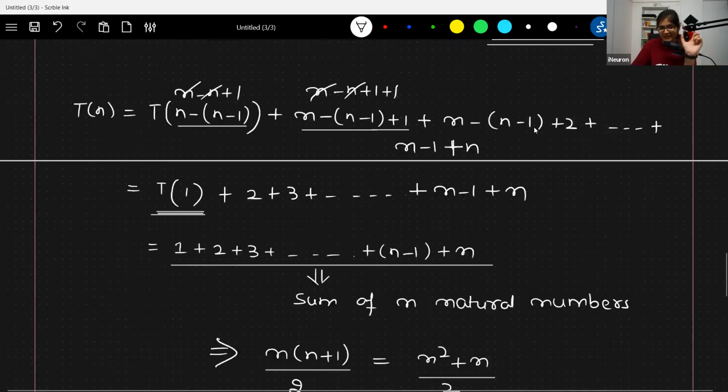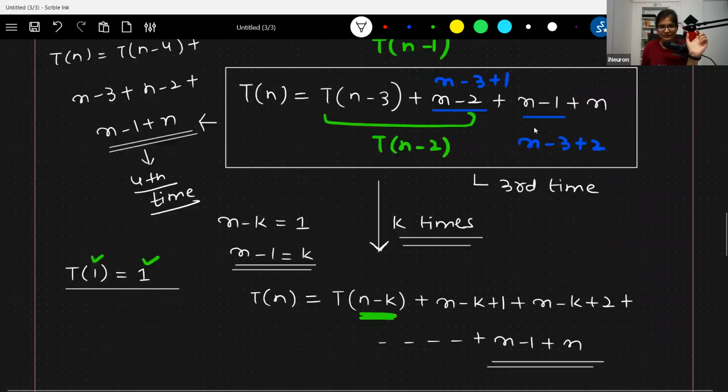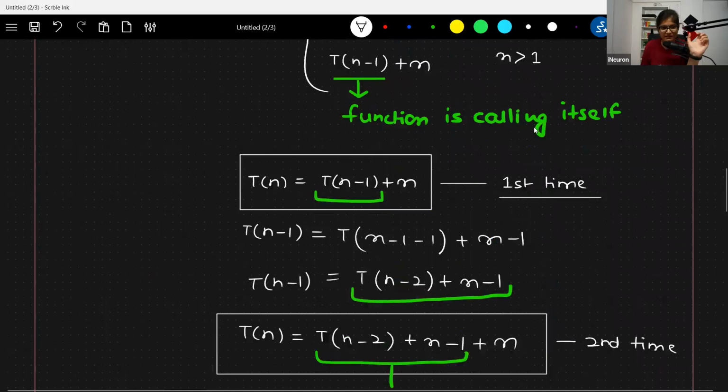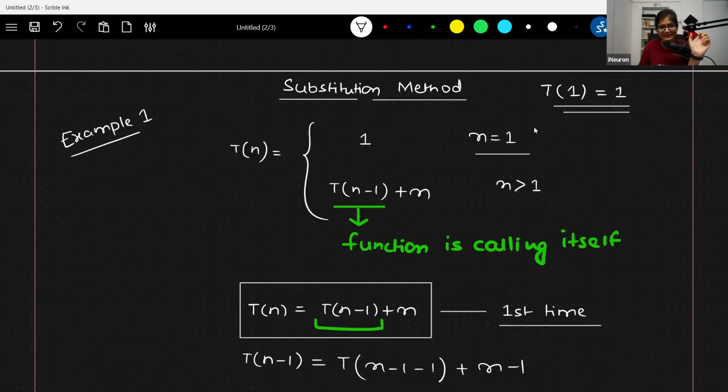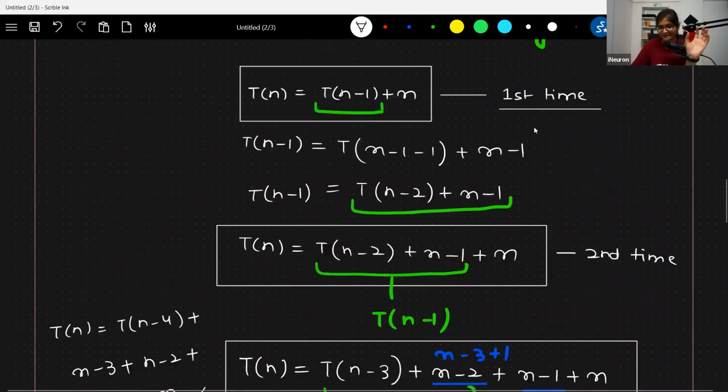So this is example number 1, which I wanted to discuss. And I hope it gives you greater insight into how, with the help of the substitution method, we are able to reach a big O time complexity.